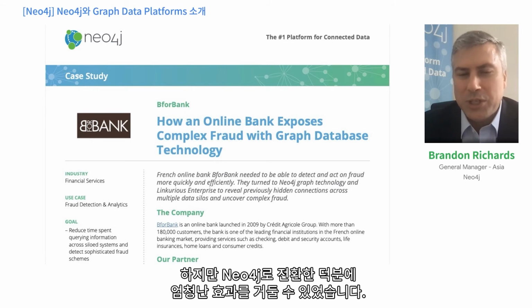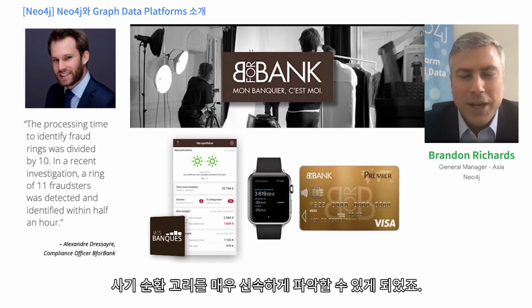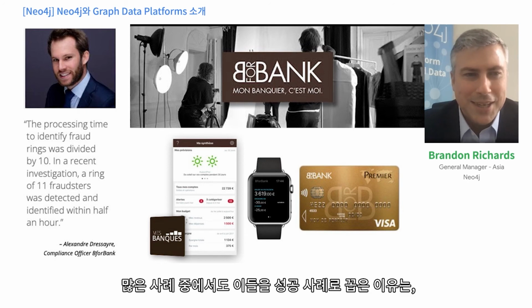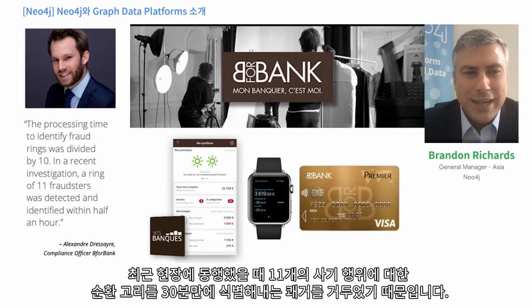And ultimately switching to Neo4j had a huge impact. They were able to start to identify fraud rings very, very quickly. And the amount of false positives that they were facing was drastically reduced. In many cases, the example they have in this quote is that they were able to identify a ring of 11 fraudsters within half an hour on one of the recent times that we were on site with them.